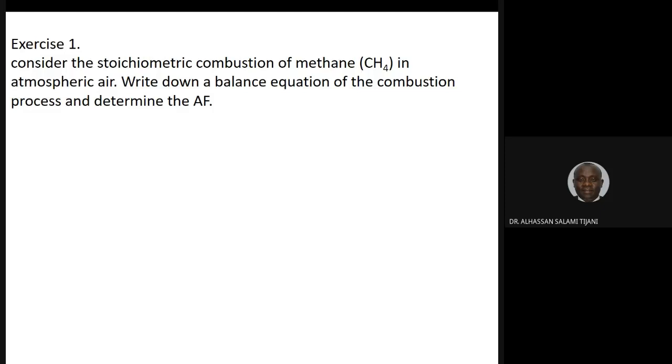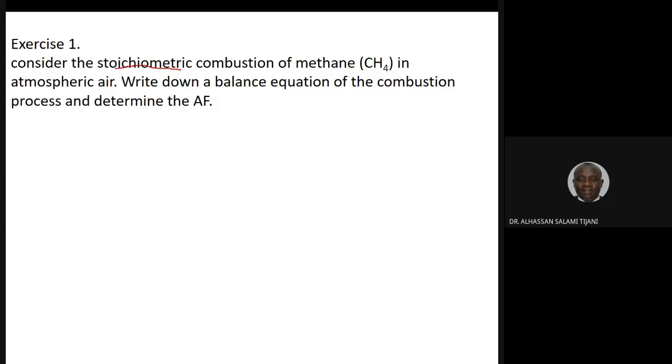Write down a balanced equation of the combustion process and determine AF. AF means the air-fuel ratio. In a question like this, the first thing we need to do is write down the reaction. It says consider the stoichiometric combustion.